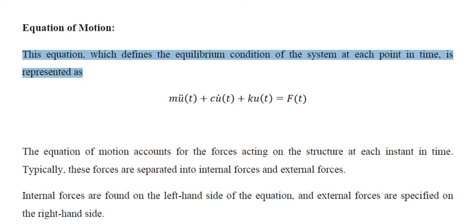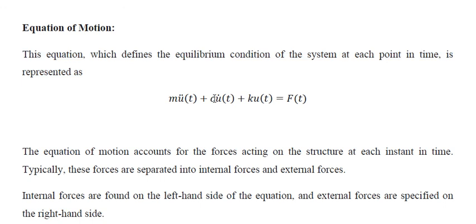That equation is known as the equation of equilibrium or equation of motion of a dynamic system. Until now, in static systems or static analysis, we have written KQ is equal to F, but we have not taken time. T is time.